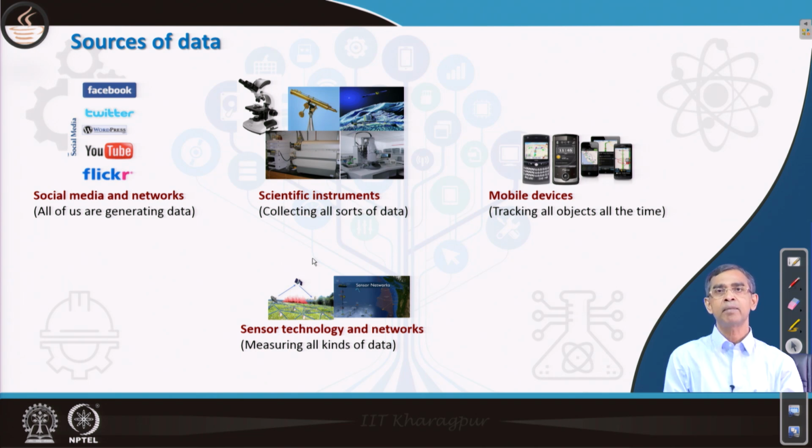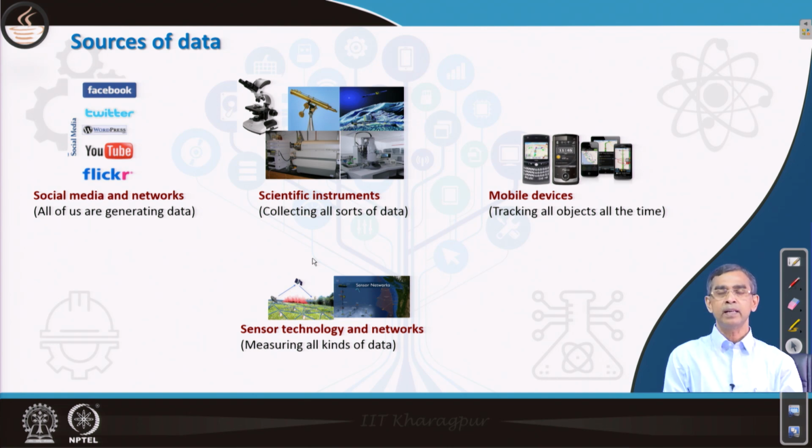Every day a lot of data is generated, stored and consumed. In brief, a major source of data is social media sites like Facebook, Twitter, YouTube, Flickr and so many others.